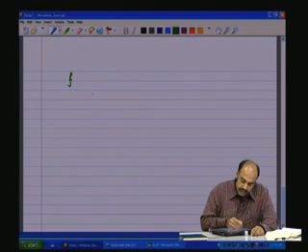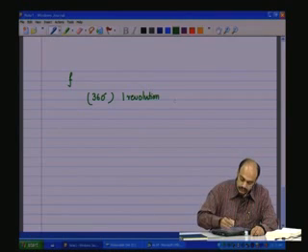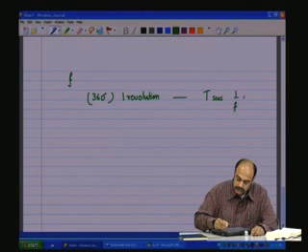So it makes full 360 degrees, the dumbbell makes full 360 degrees, or let us say 1 revolution in t seconds, or 1 by f seconds.